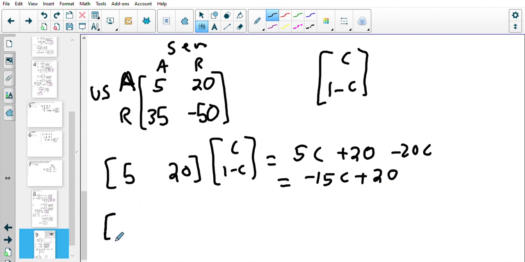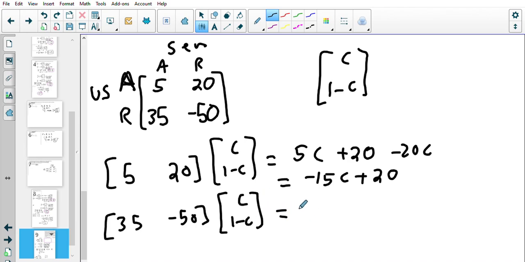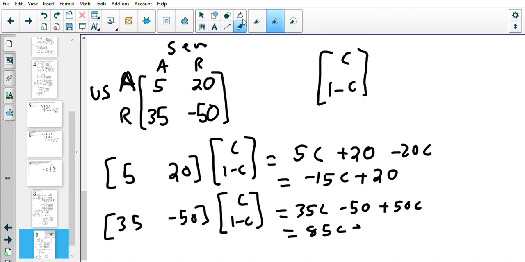And against the second row, 35 and negative 50 against C, 1 minus C. That'll give us 35C minus 50 plus 50C, or 85C minus 50.